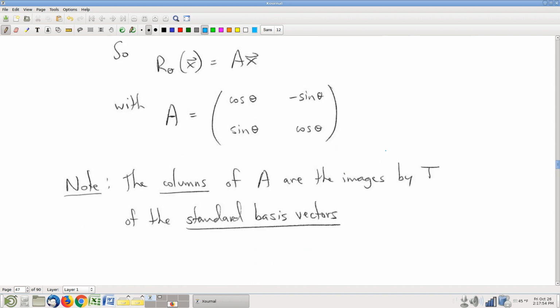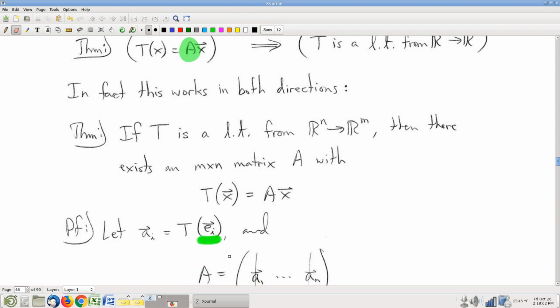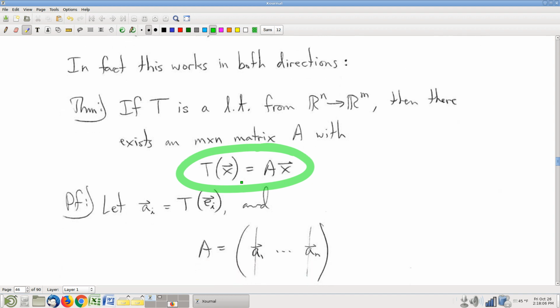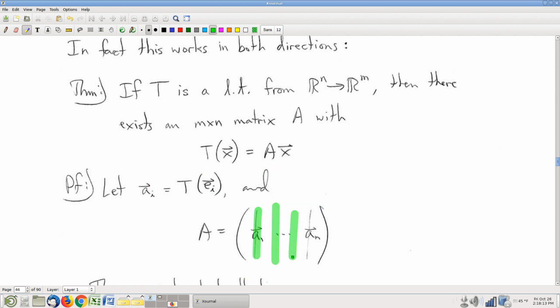So a quick comment before we go on to the next thing. Please be sure to memorize this formula right here: if you want to represent a linear transformation with a matrix, then the columns are the images of the standard basis vectors.